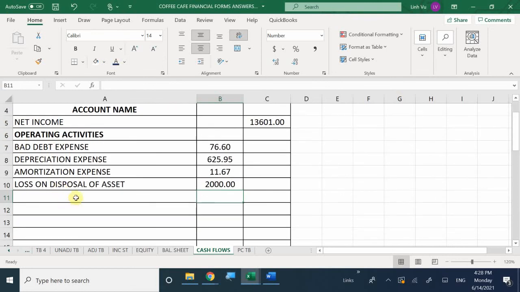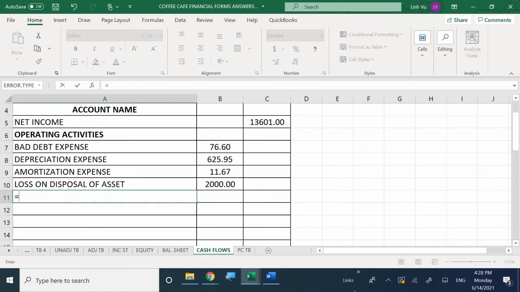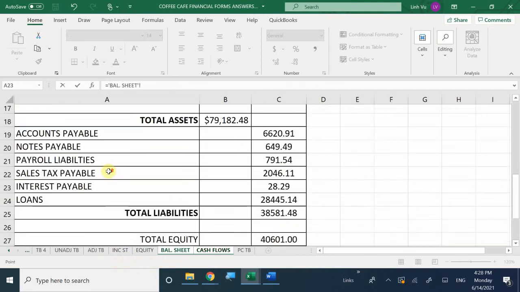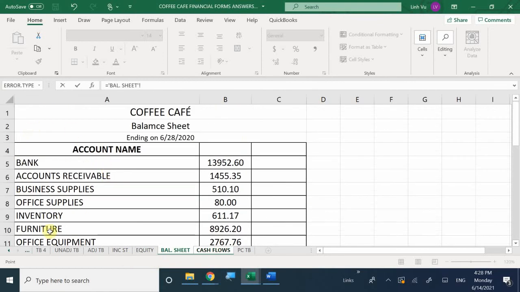Now, the next thing we have is anything that's a current asset, like I mentioned before. So let's take a look at my balance sheet. The first thing I have here is my total accounts receivable. My accounts receivable here also includes my updated version, including my bad debt.